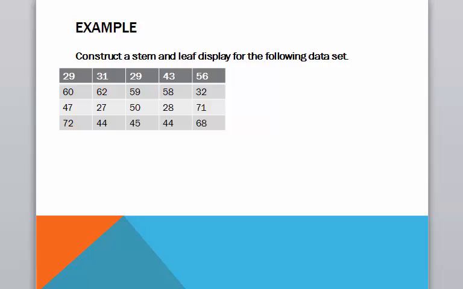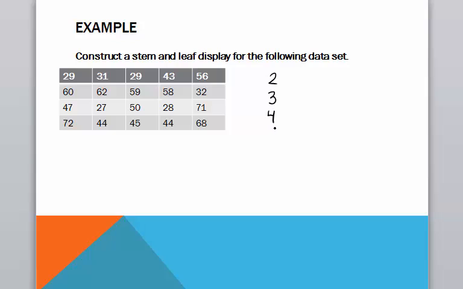So I'm going to begin my stem and leaf plot by listing out the possible stems for the numbers. For the numbers that are in the 20s, the stem would be 2. For the numbers in the 30s, the stem would be 3. For the 40s, we would have a stem of 4.